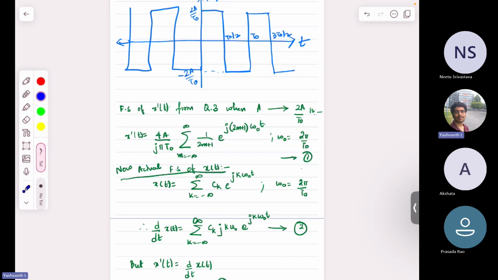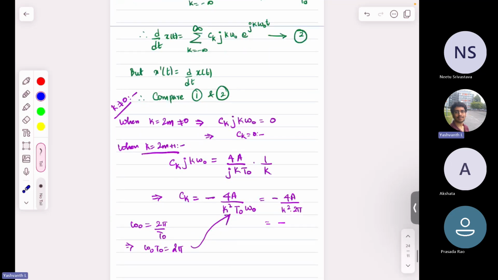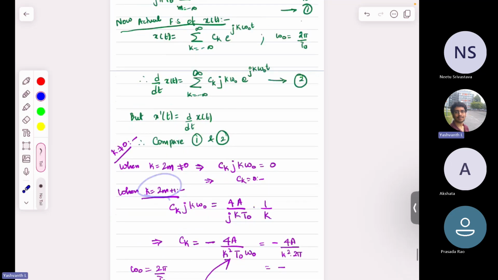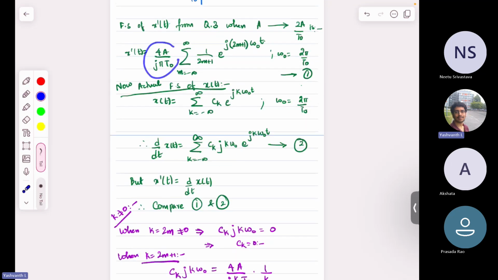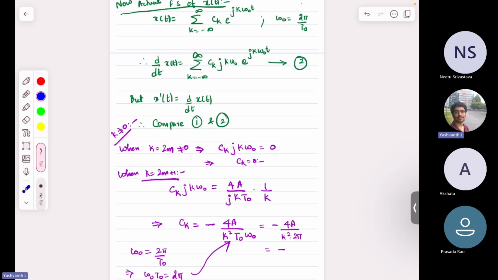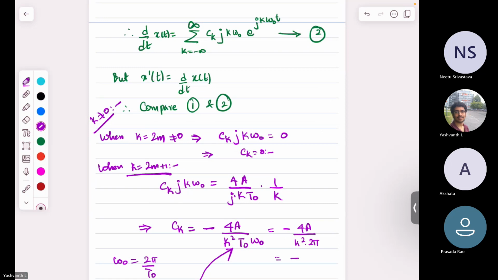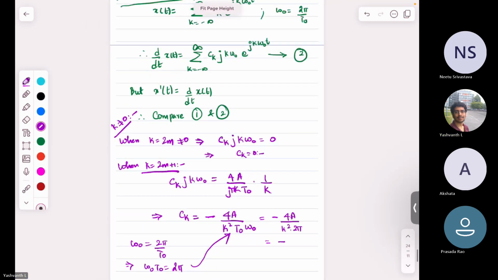Is it correct? They should be equal for k equal to 2m plus 1. That's what I'm doing here. When k equal to 2m plus 1, your ck jk omega naught must be equal to 4a by j pi t naught into 1 by 2m plus 1. I missed the pi here. Is it okay?